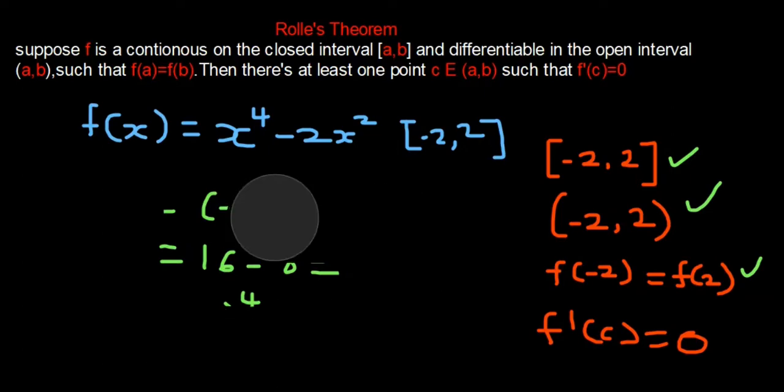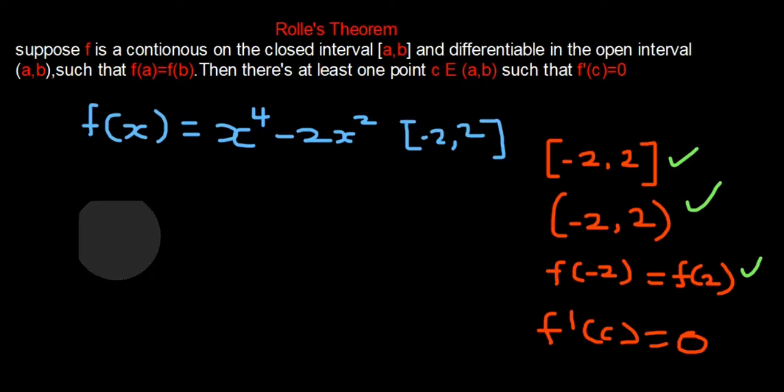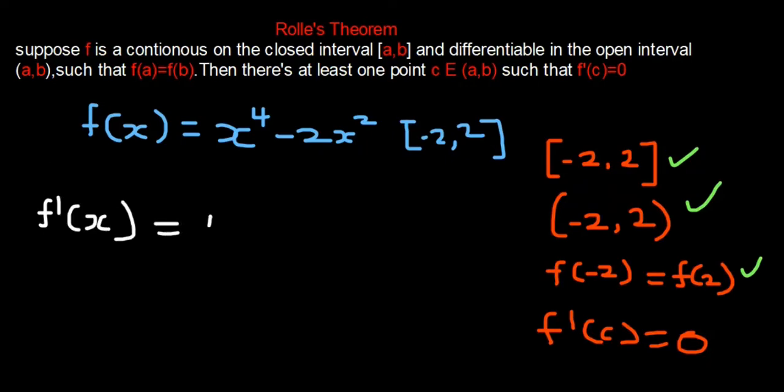So if that's the case, then let's find our point c, such that the slope of the function at that point will be equal to 0. So for us to be able to find the point c, let's find the expression for the slope of the function. So that will be the first derivative of this function here. So f prime of x will be equal to the derivative of x to the power 4, which is 4x to the power 3, and then the derivative of x squared is 2x, times -2.